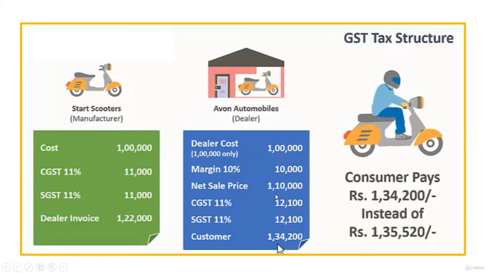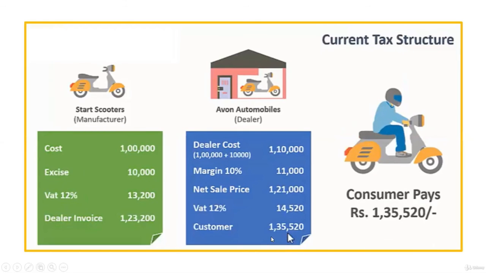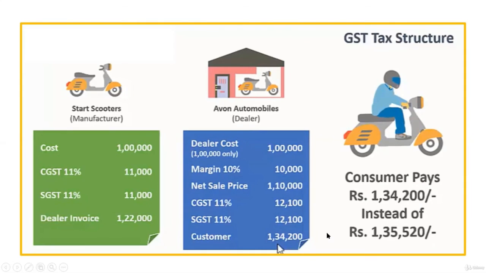On that, they pay the tax, CGST and SGST, and for this amount they can take the input tax credit from the manufacturer's invoice, and the customer has to pay 1,34,200. In the above structure, the customer had to pay 1,35,520. So from this, the customer is saving around 1% of his total amount.